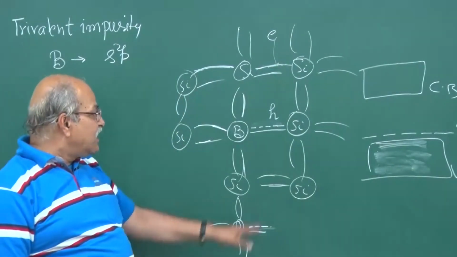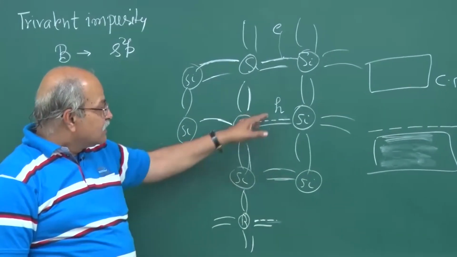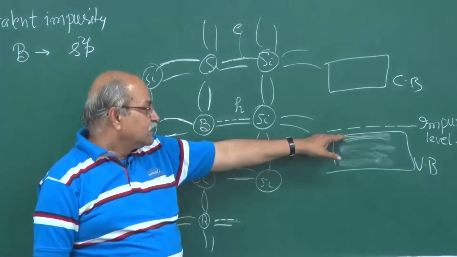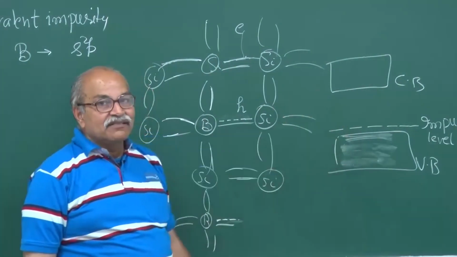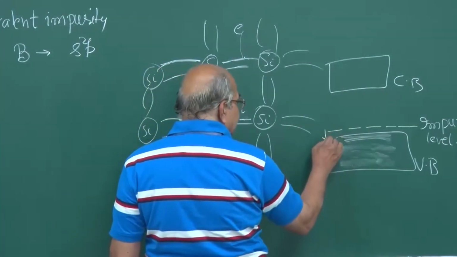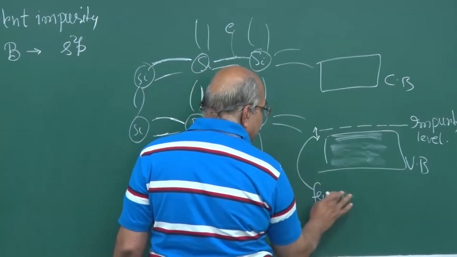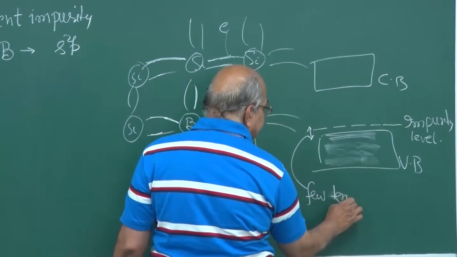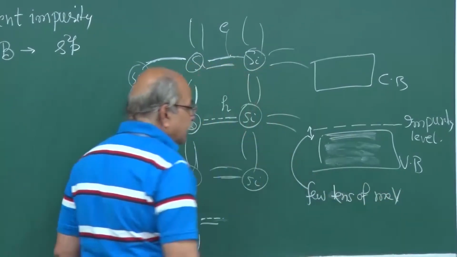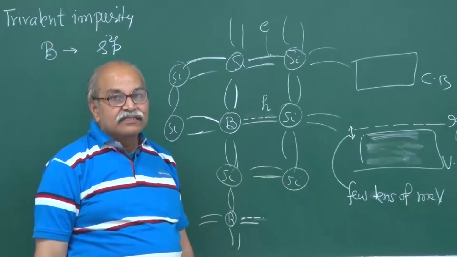So you are creating new and empty quantum states, the energy of which will be slightly higher than the top of the valence band. And how much higher? Once again, this is a few tens of milli electron volts, right? 10, 20, 30, 40 milli electron volts.